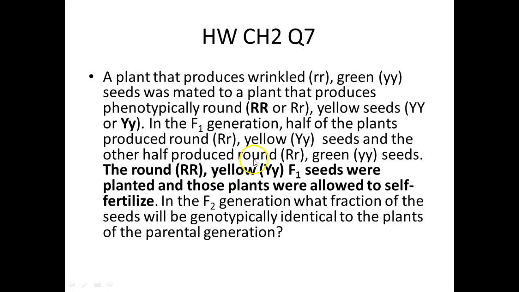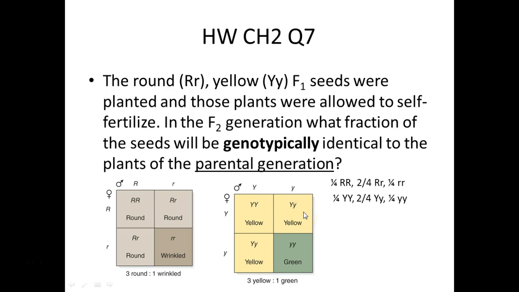Okay. So these parents are allowed to self-fertilize. So the RR with the heterozygous Y were planted, and those were allowed to self-fertilize. So they're crossing them with themselves, right? So big R homozygous with heterozygous for that trait.